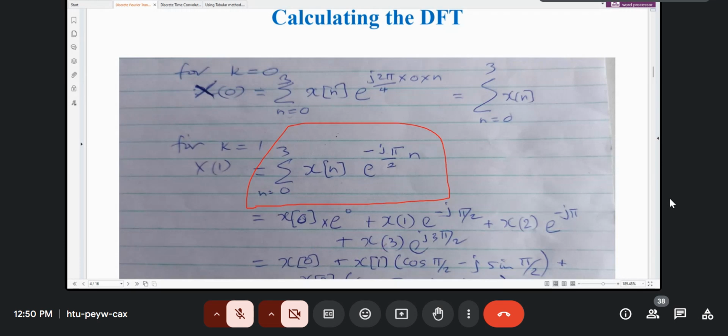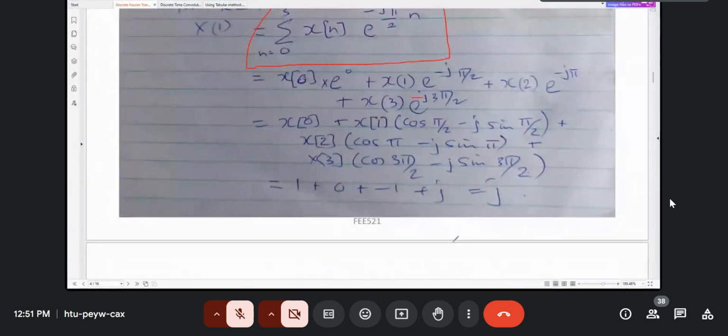Plus x of 3 times e to the minus j 3 pi over 2. Sorry, there must be a minus somewhere. Now if you work this out, you have to use Euler's formula.